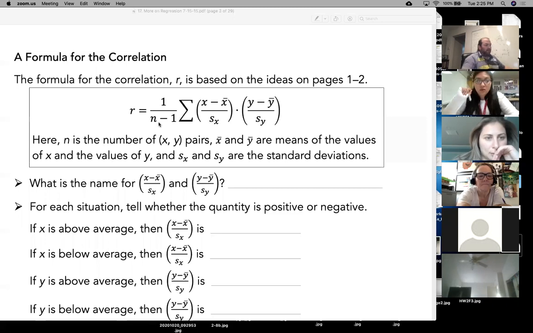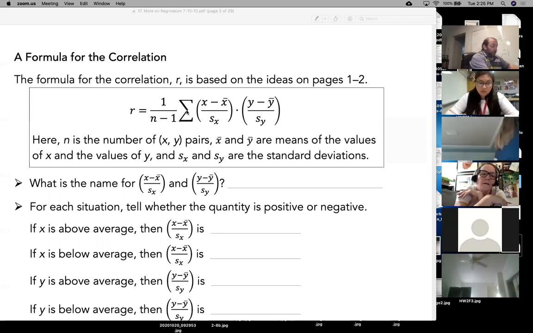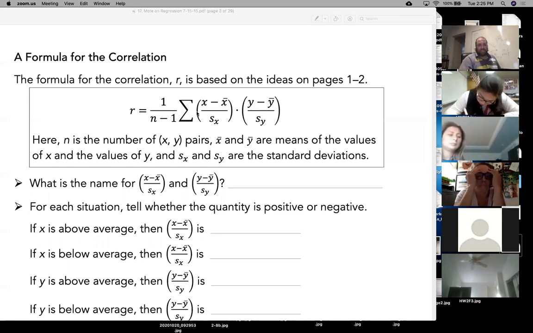What does that mean? The number of data points, the number of dots on my scatter plot. Okay. And what does this mean? The sum. In other words, what we're going to do is take this value times this value and do that for each point and then add them all together.